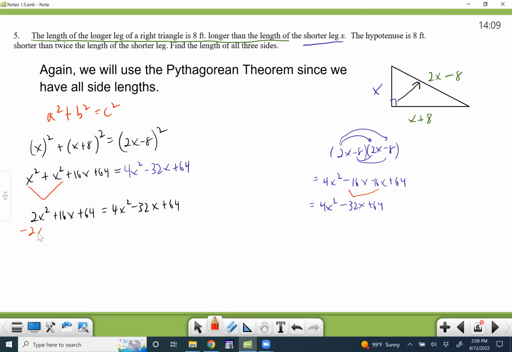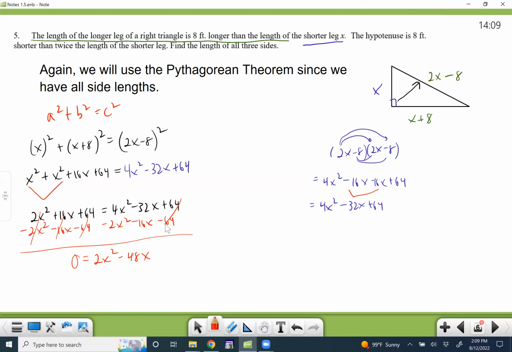Because right now, if I take away 2x squared from the 4x squared, this quantity will still be positive. Okay, so I'm going to actually subtract all of this stuff over to the other side. We might as well do it in one shot, you guys. That way, gone, gone, gone. So there's nothing left here. And gone.